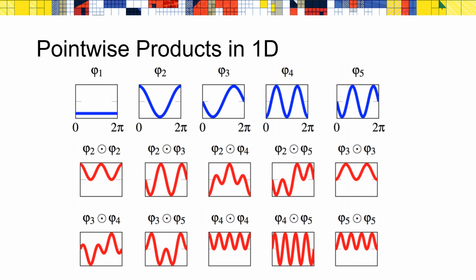As you can appreciate, these product functions have high frequencies with respect to the first 5 Fourier basis functions that are considered. So the idea is, can we use this pointwise product of the Fourier basis functions to better represent the high frequencies when we are trying to encode a point-to-point map in the functional map?